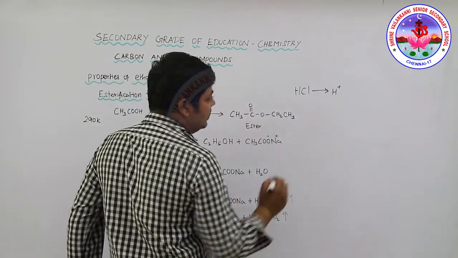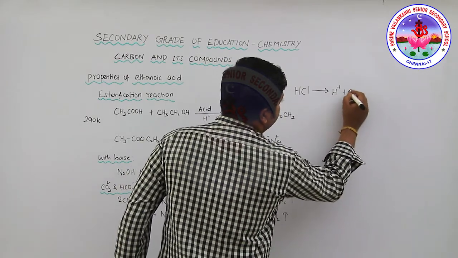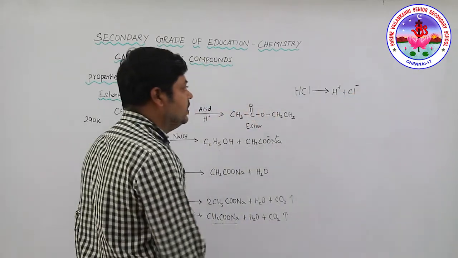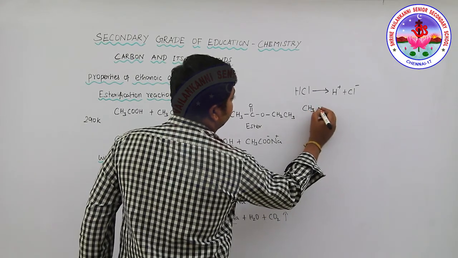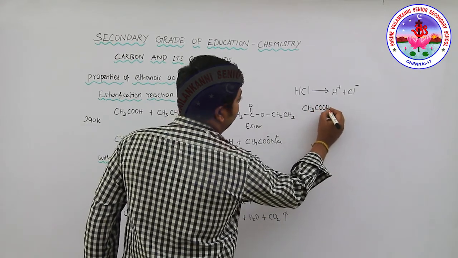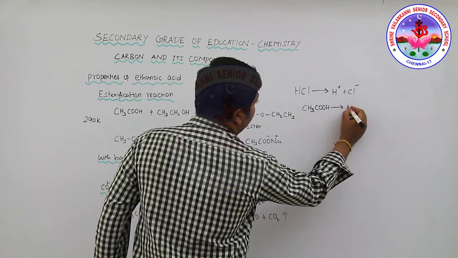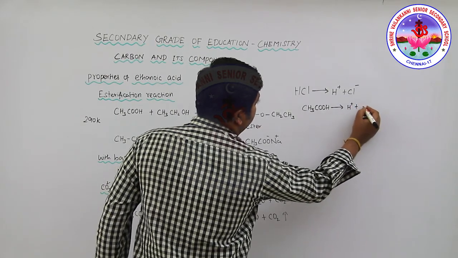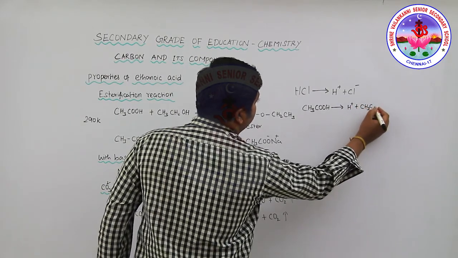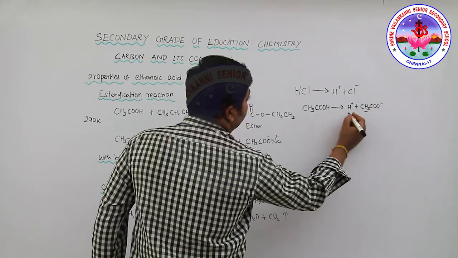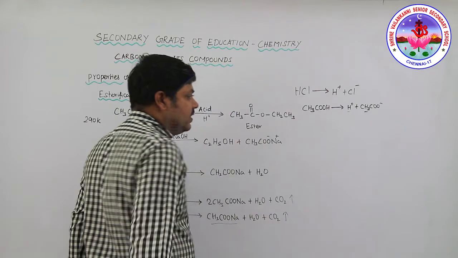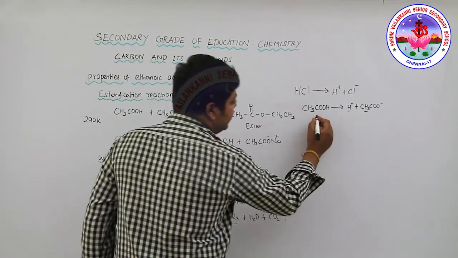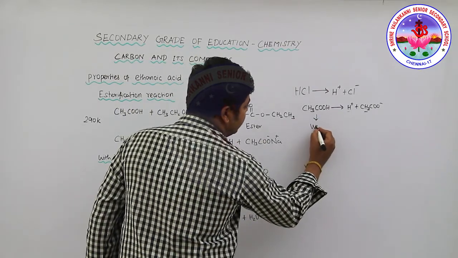But acetic acid undergoes partial ionization, giving H+ and CH3COO-. In HCl there is complete hydrogen transfer, but here there is only partial hydrogen transfer. That is why acetic acid is a weak acid.